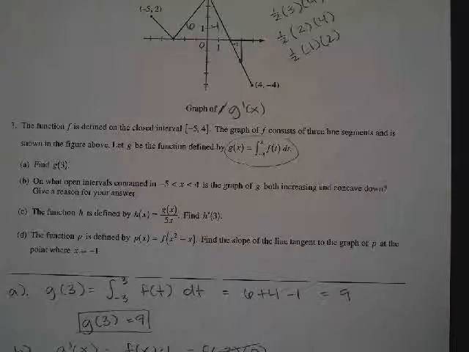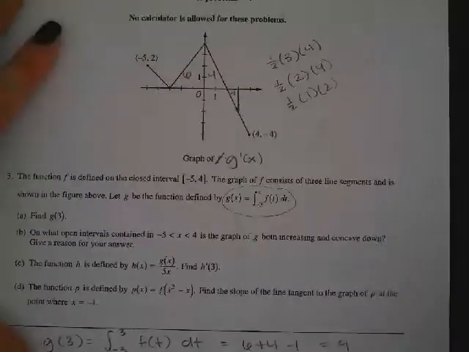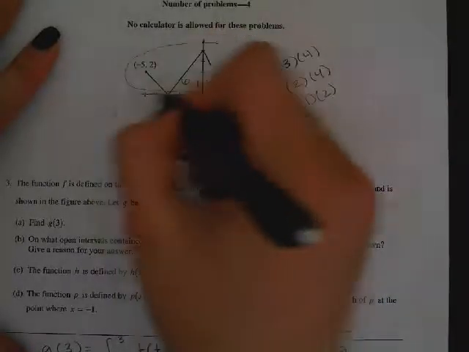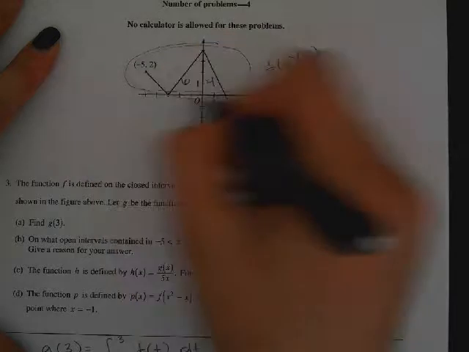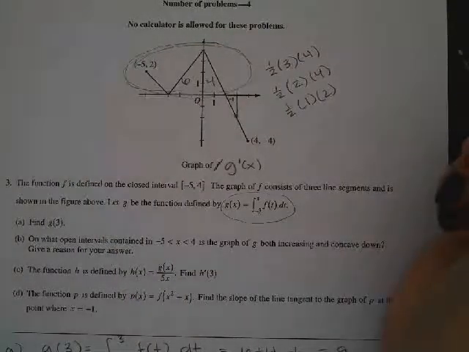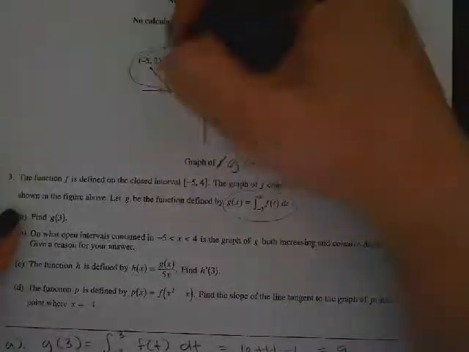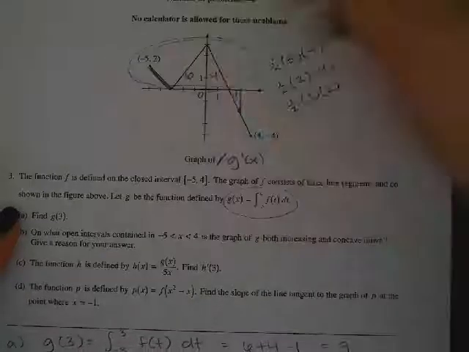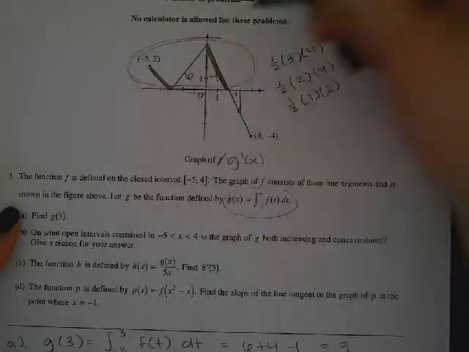If I want to know where the graph is increasing, that means I'm looking at the parts of the derivative that are above the x-axis. And if I want to look at the parts that are concave down, then I need to look at where the derivative itself is decreasing. The derivative is decreasing right here, and the derivative is decreasing right there.